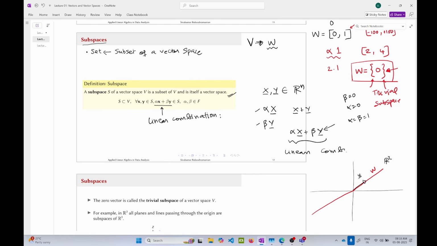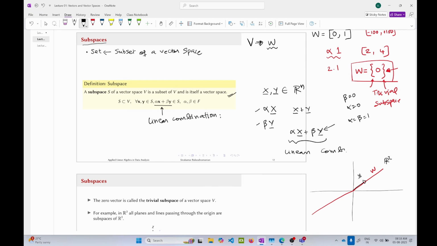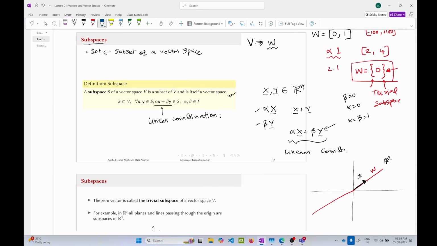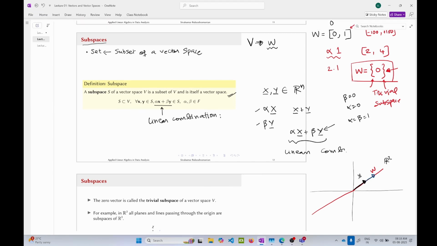Are you sure? Okay, let's see. I have X, and let's say I have another one which is slightly longer. W starts here, and this is X. We call the other one Y. If I add X and Y, what would I do? I have X like this.